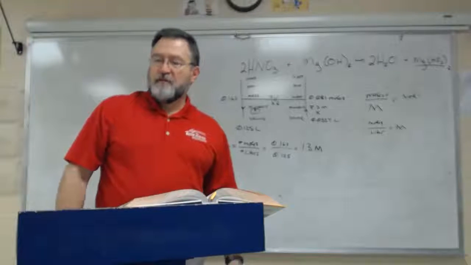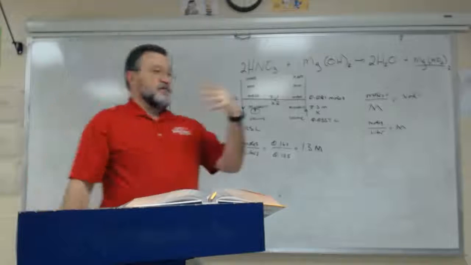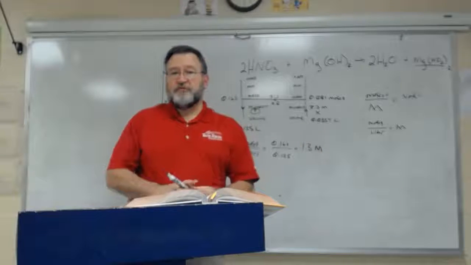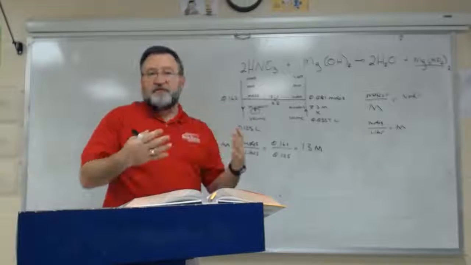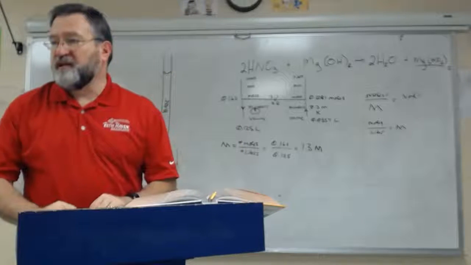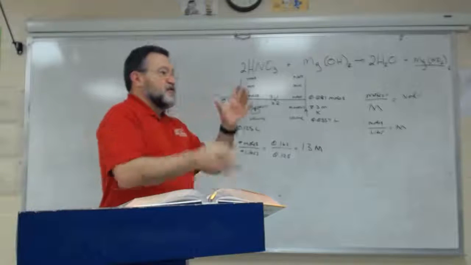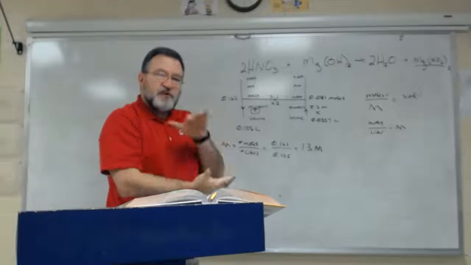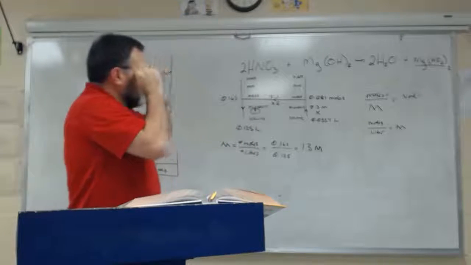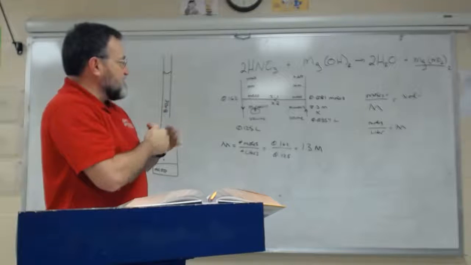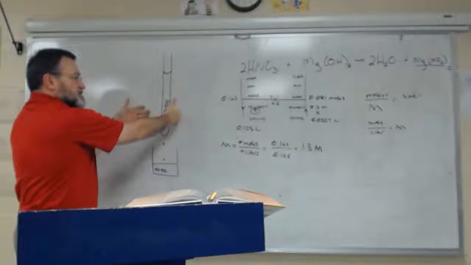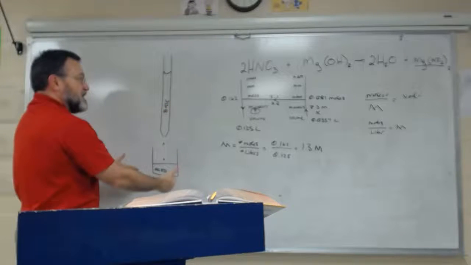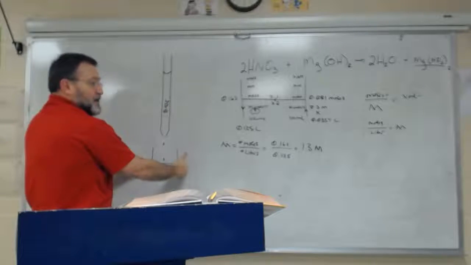Okay? So in much the same way we talked about the dilution problem, this is how the numbers play out. In the dilution problem, we figured out the volume of a known concentration that we needed, and we needed to change it to a new volume, which would reduce the concentration. Here, if I say I've got a certain amount of acid and a certain amount of base, the concentration, in this case, of the acid, what is the concentration of the acid?